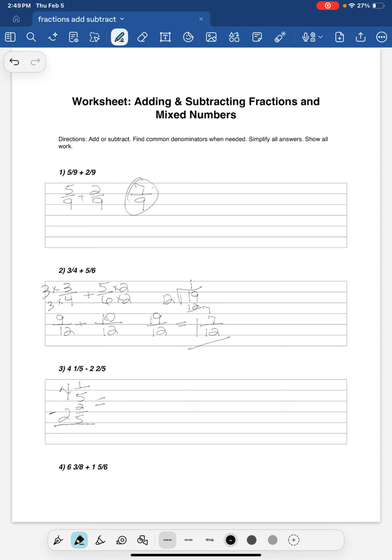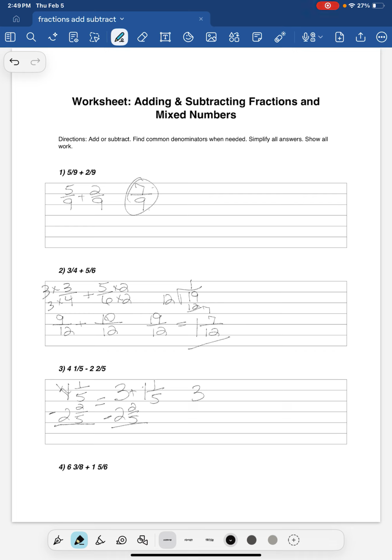Now, let me set this up in a way that you can see the steps go through. What we're going to do is borrow 1 from the 4, which is going to give us 3 and 1 1/5. Because see, you still have your 4 here and you still have your 5th here. And then this is going to stay the same because you're fine right there. Now, how do we make a mixed number an improper fraction?